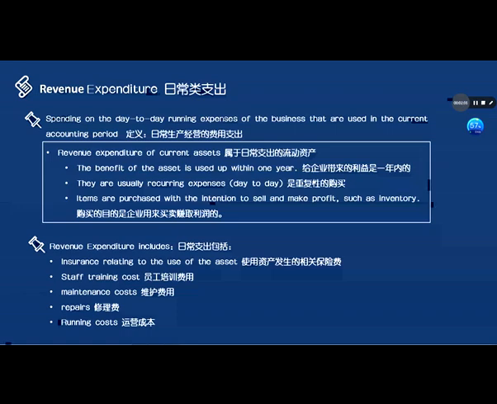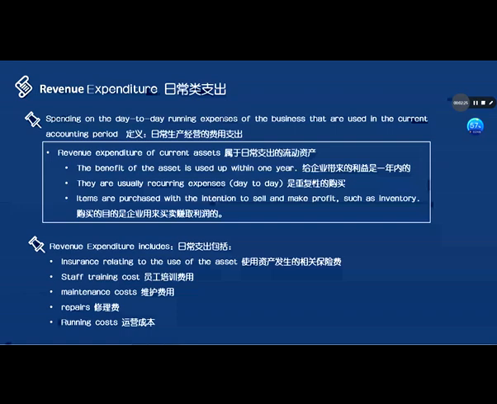Besides expenses on current assets, there are many other expenses in the business relating to the non-current asset's daily operations, such as the insurance relating to the use of the assets, right? Like we buy a machine or we bought an office building, we might buy insurance for it.